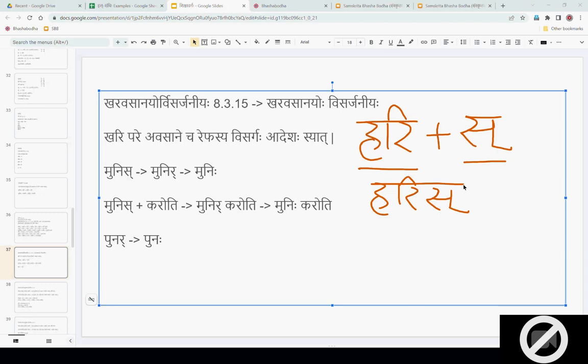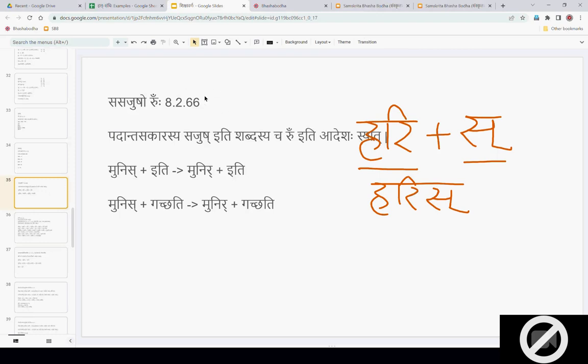Now what happens? Which sutra will be applied here? We will not be applying this sutram before 8315. This sutra will be applied, 8 to 66.